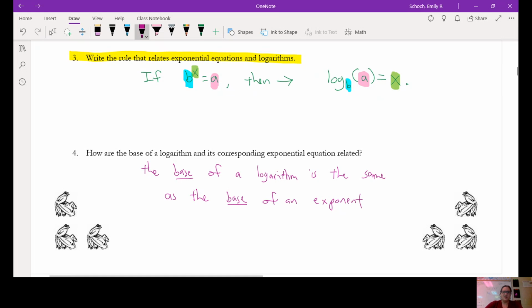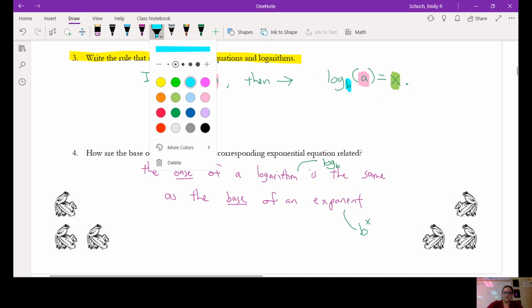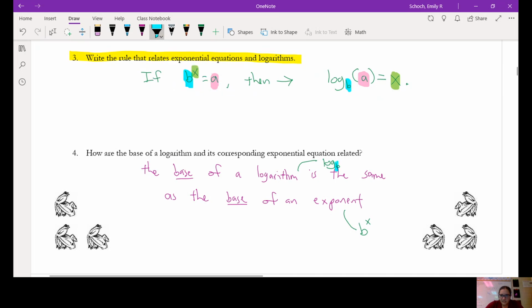Exponential expression is really what you want. So log base b of some stuff is the same thing as b raised to the stuff. Recognizing that the little number in the logarithmic expression is the same as the big number raised to the exponent in the exponential expression is going to be the foundation of how you're going to do these problems.